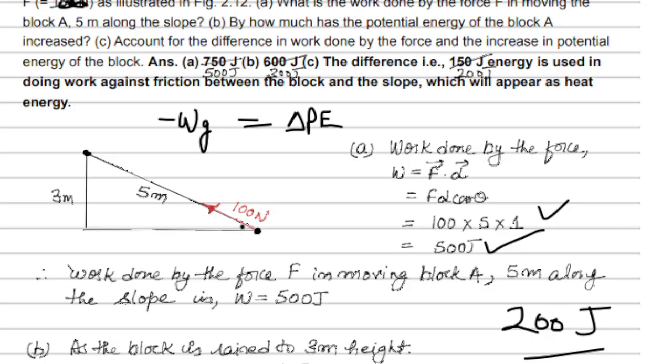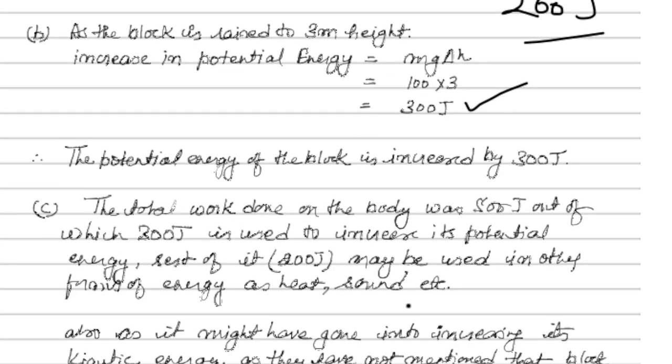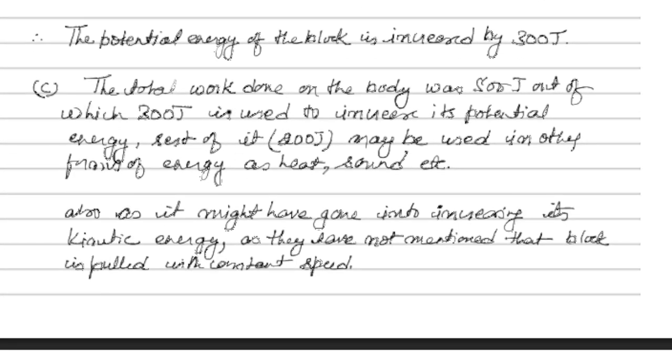There are many means, so it has gone maybe there. So that is the answer. The total work done on the body was 500 joules, of which 300 joules is used to increase its potential energy. The rest, 200 joules, may be used in other forms of energy like heat, sound, etc.